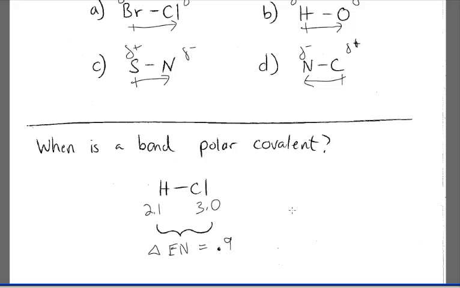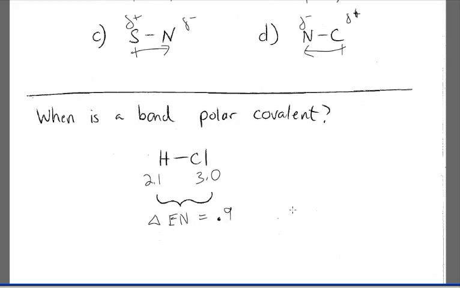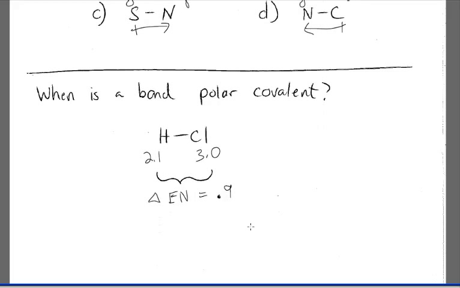And so we can rank bonds according to the difference in electronegativity between the two atoms. Different texts differ on this topic, but the text we're currently using says that if the difference in electronegativity is greater than 2, then it's an ionic bond. Clearly this is not greater than 2, it's 0.9.